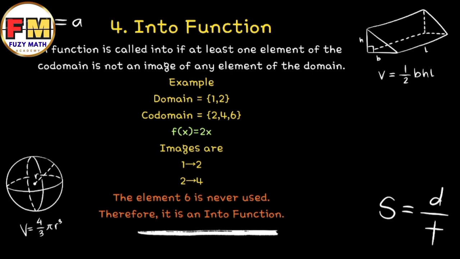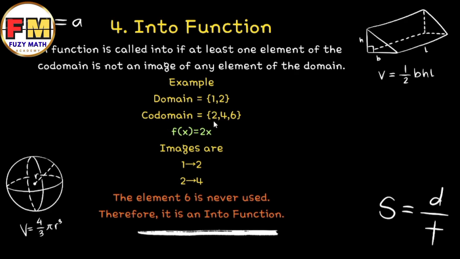Fourth is into function. A function is called into if at least one element of the codomain is not an image of any element of the domain. Example, domain is the set {1, 2}.